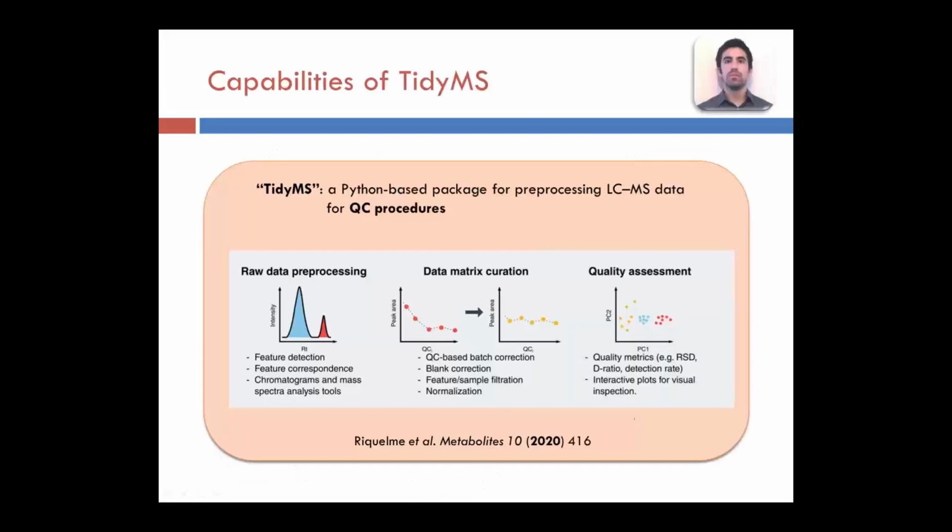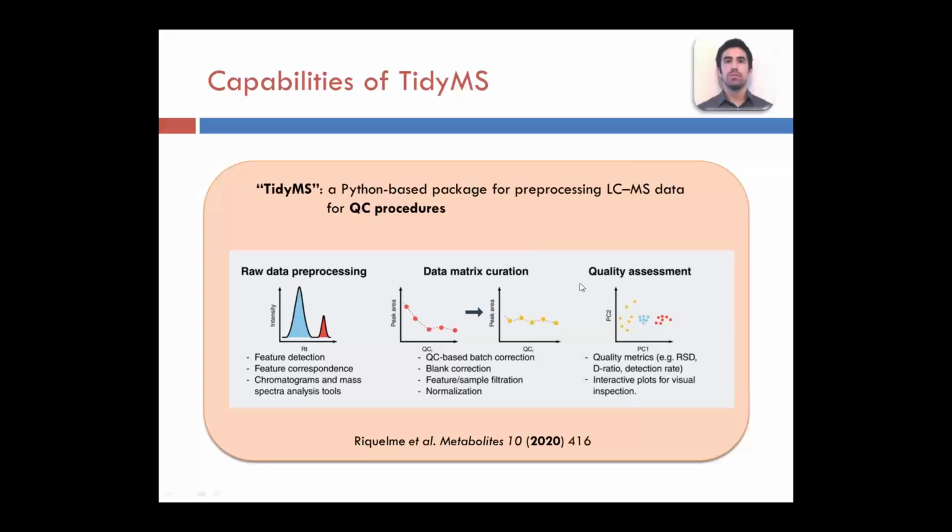And so Gabriel gave the name to this Python-based package for pre-processing LC-MS data for quality control procedures. And this figure basically summarizes the capabilities of TidyMS, which include pre-processing raw data by applying feature detection and feature correspondence algorithms, and being able to analyze chromatograms and mass spectra with different tools.